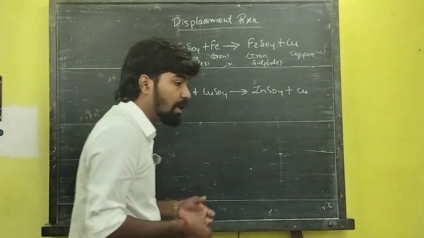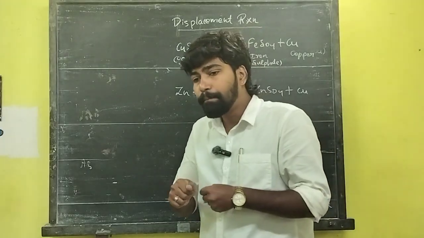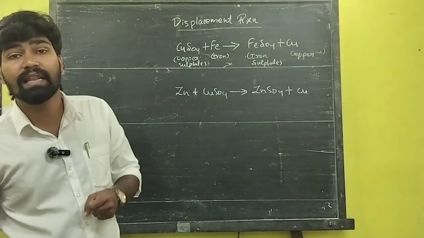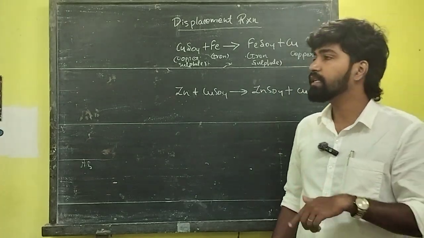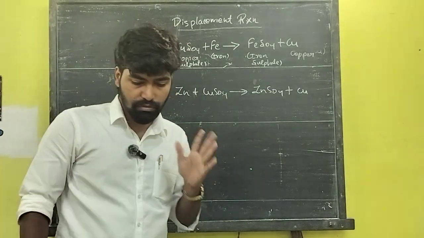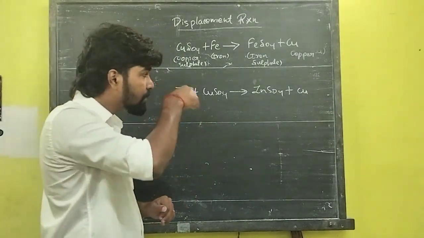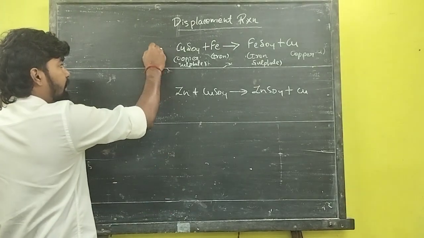What is happening here, guys? Here a more reactive metal replaces or displaces a less reactive metal to give a product, and we call it a displacement reaction. Examples are given, please go through this. Now remember this reaction is important. I'll tell you why.